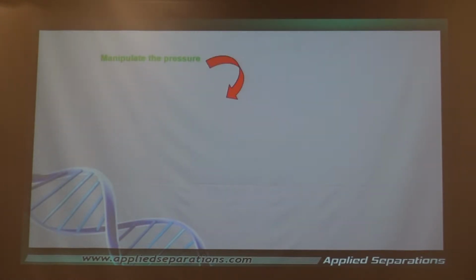So, if we talk about manipulating the pressure, changing the density, this changes the solvating power. We can dissolve some compounds under these conditions, another compound under a different condition. We do this now with solvents. Acetone dissolves different things than hexane.